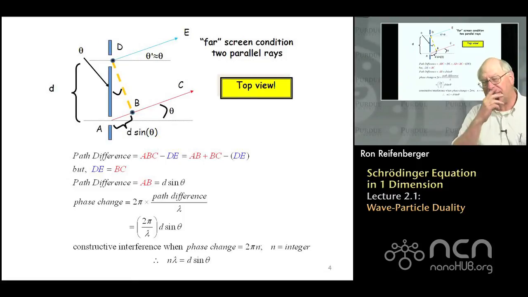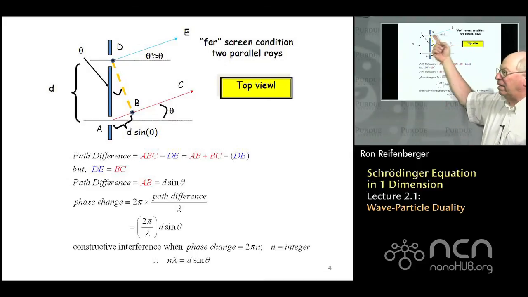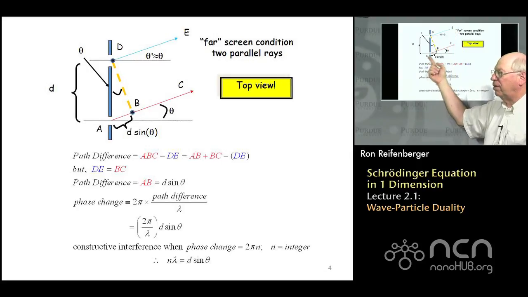What Young points out is that whether you've got constructive or destructive interference is going to depend on the path length difference of the light that travels from the top slit compared to the light that travels from the bottom slit.